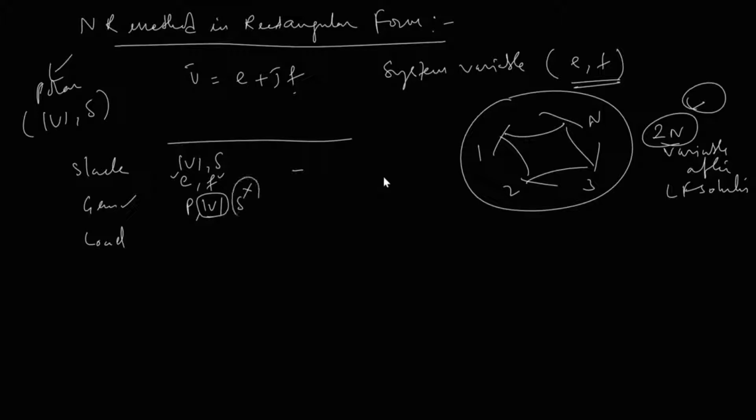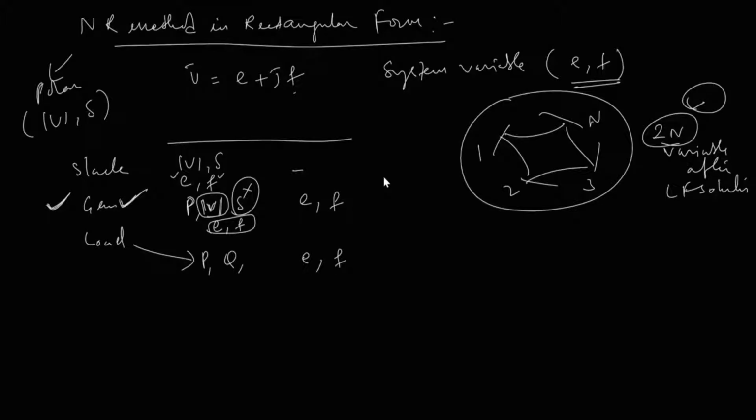So if I don't know the angle, then I cannot find E and F. So even though at a generator bus P and V magnitude are specified, I cannot determine E and F, the real and imaginary parts of the voltage. That is why E and F are unknown at the generator bus as well, right? And at a load bus, P and Q are specified, so voltages are not known, so E and F are to be found.